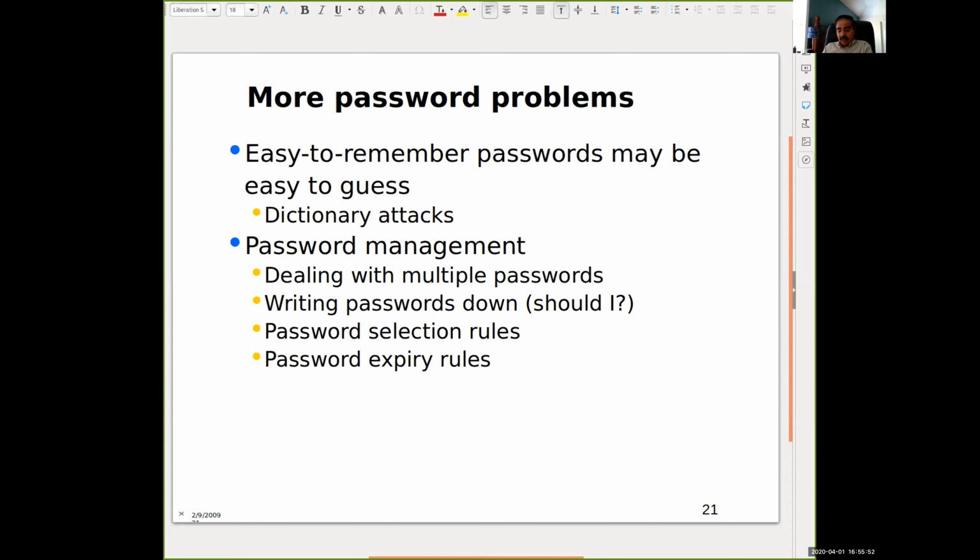In the old days, people had one password to remember, and the advice given to users was to never write it down, because if you write it down, somebody may come across this written down password, and therefore they may be able to get your password.